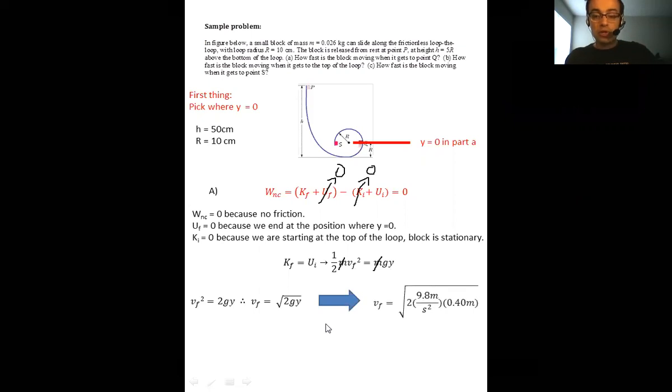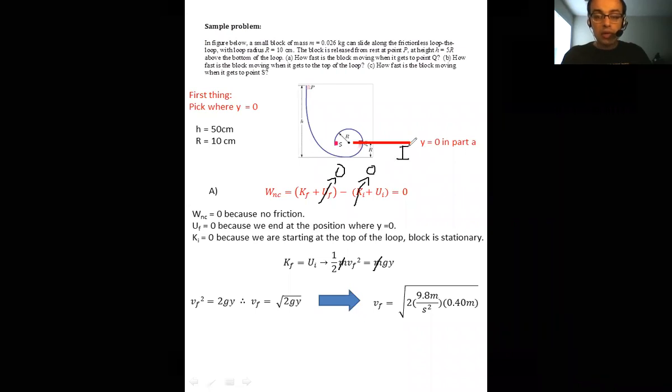We make our substitutions for what g is, which is 9.8 meters per second squared, and for what y is, which is 0.4 meters. How exactly did we get that? Well, we know that this distance here between the ground and what we're defining as y equals 0 is 10 centimeters, right? We further know that this distance right here is 50 centimeters, right?